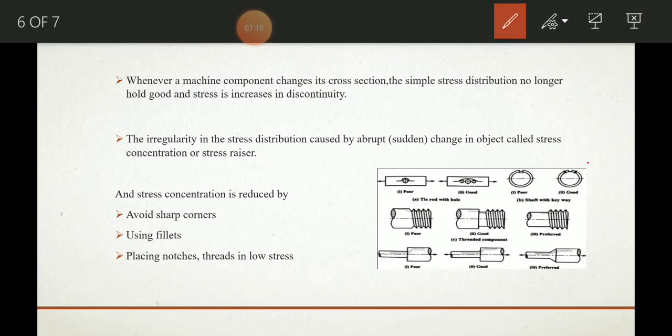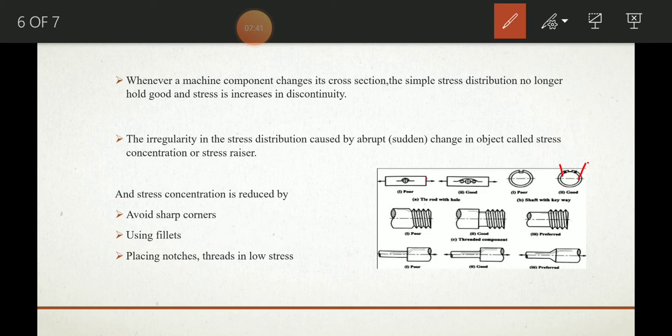Now this is a poor design. There is only one drill hole here in the material, due to which the stress concentration will be increased. In order to avoid this, drill two more holes side by side, so that the stress concentration will be reduced considerably. Anyway, you cannot avoid it 100%, but you can reduce it. Here there is one notch, so you add another two notches here.